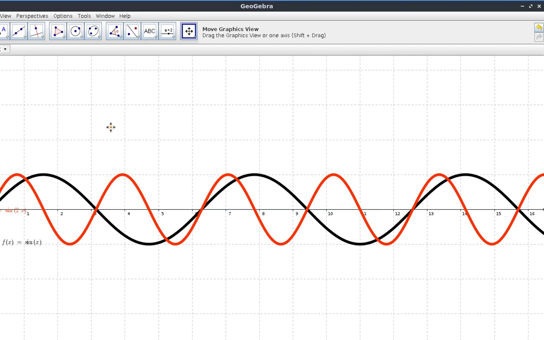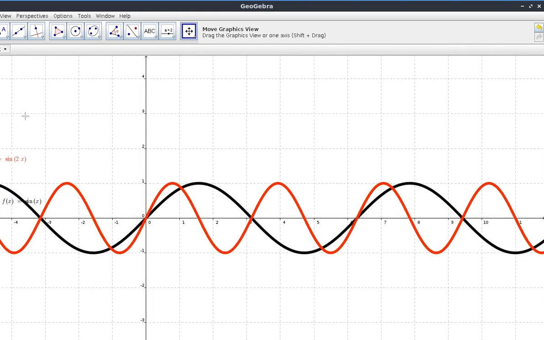So in this case, the original wave's wavelength was 2 pi. But the modified wave with 2x has a wavelength of pi, which is twice the frequency of a 2 pi wavelength.